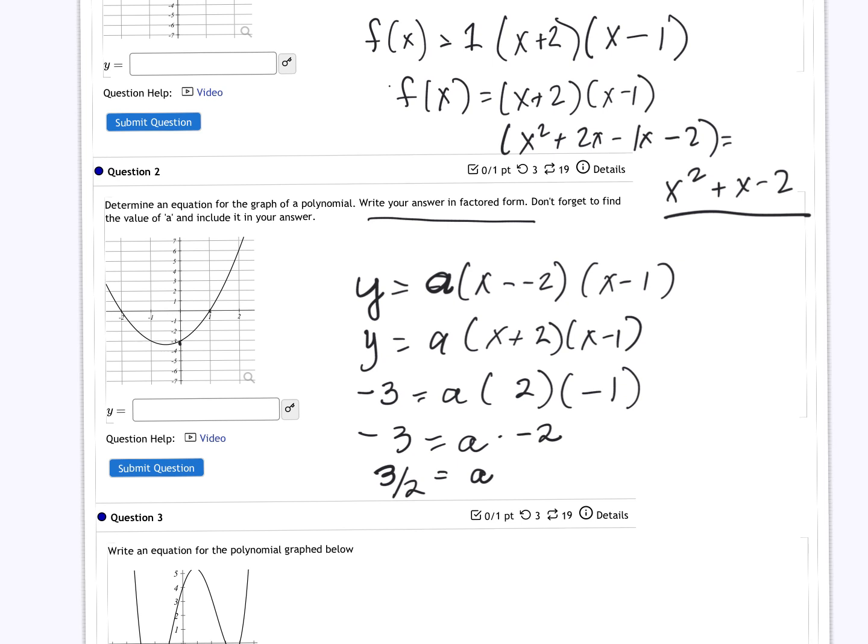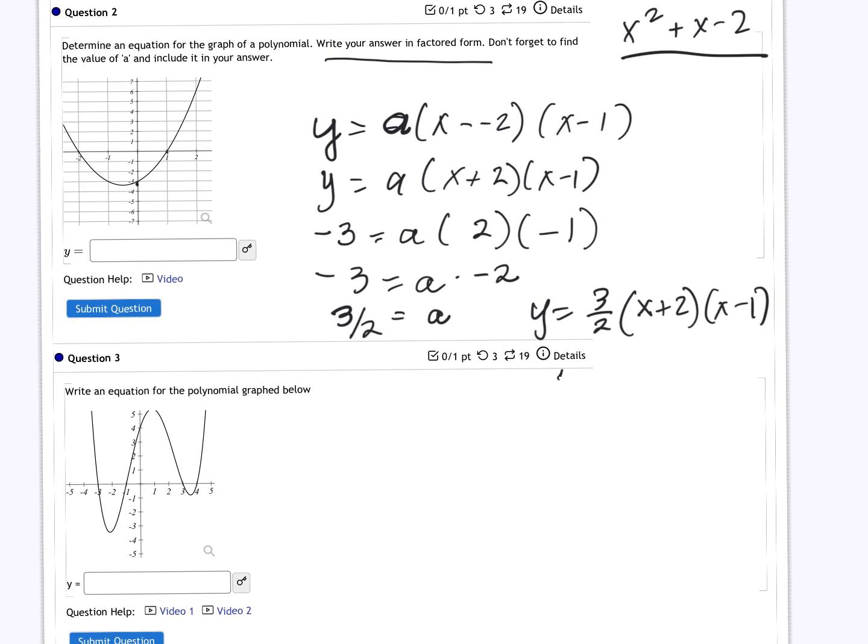So my factored form is going to be 3/2 times x plus 2, x minus 1. I could, if I wanted to, distribute this 3/2 in. I don't know that it really helps much. Write it as 3/2 x plus 3, x minus 1. I don't know why you would do that, but you could.